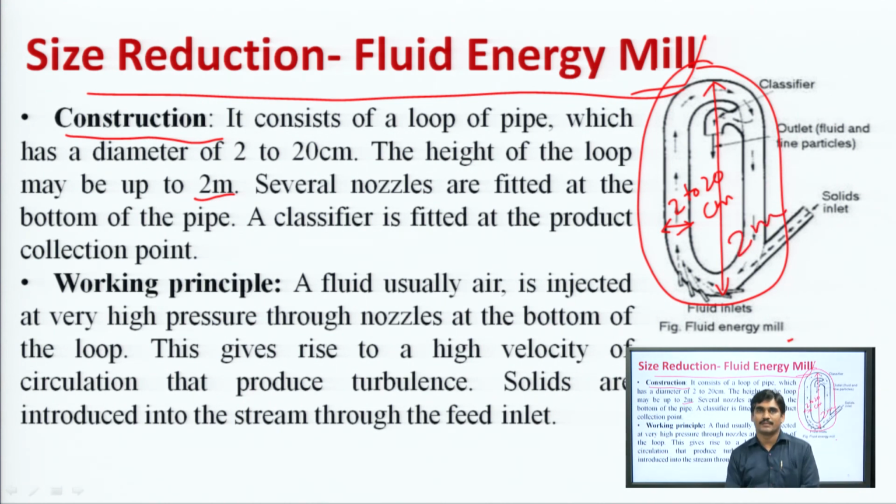So, depending upon the mill, the diameter of the pipe is 2 to 20 centimeters and the height of the loop is 2 meters.